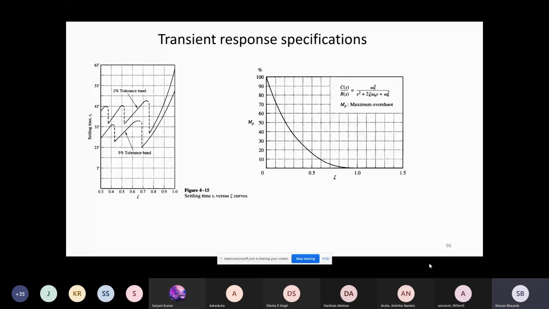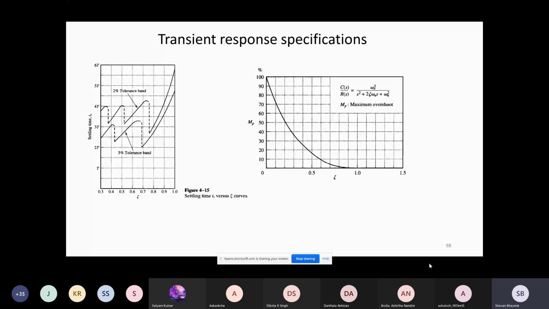So 100% peak overshoot, and then if you give some damping, let's say a damping of 0.5, you will see that the peak overshoot decreases very rapidly, and for a damping of 0.5 it is about 15% peak overshoot. If the damping is 0.1, then the maximum peak overshoot is 70%.